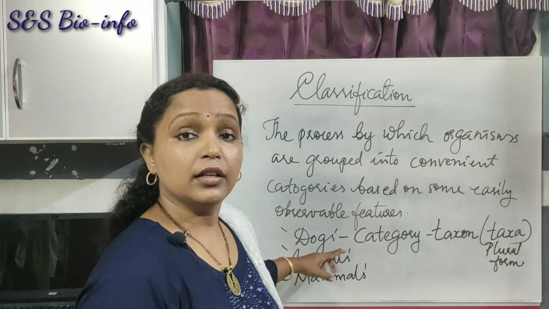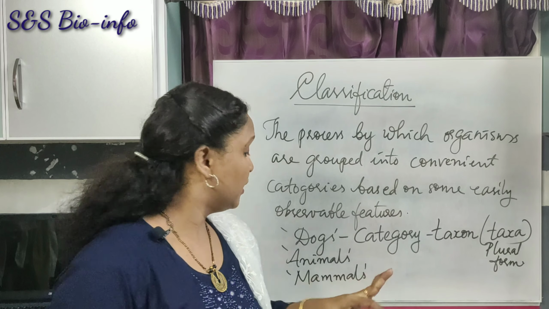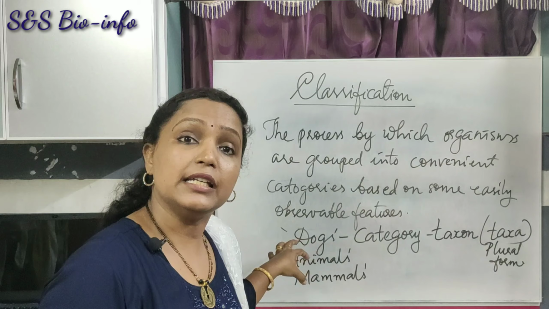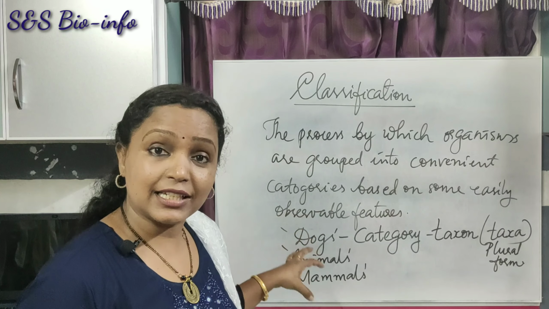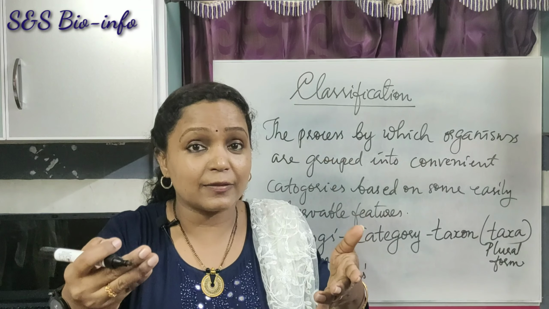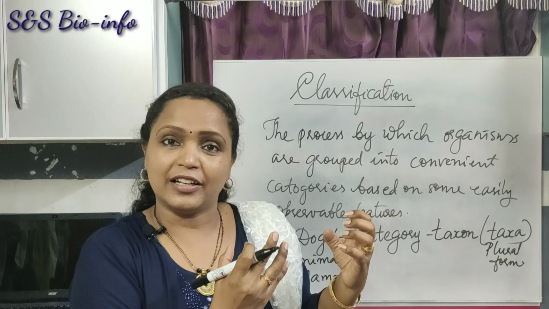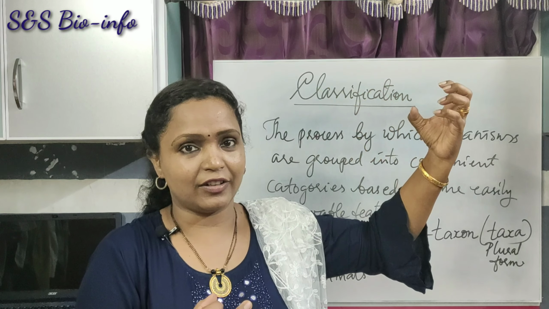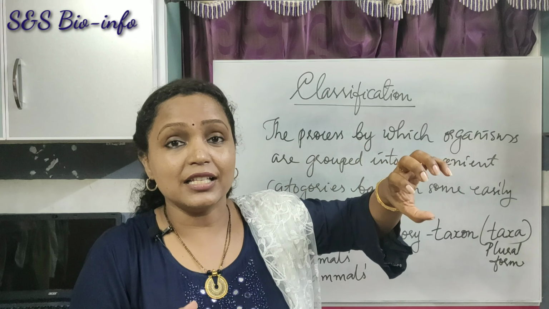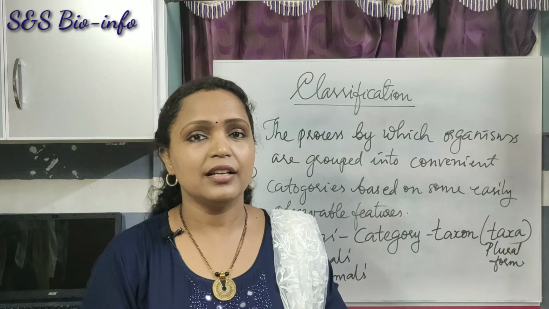Here the words dogs, animals and mammals, all these taxa or categories, represent different levels. Dogs in one level, animals in another level, then mammals in another level. So these categories represent different levels in the classification system.